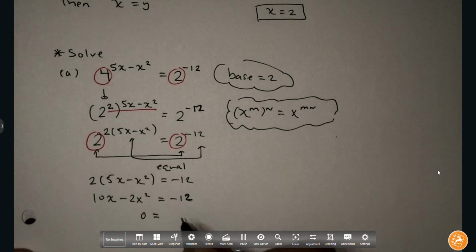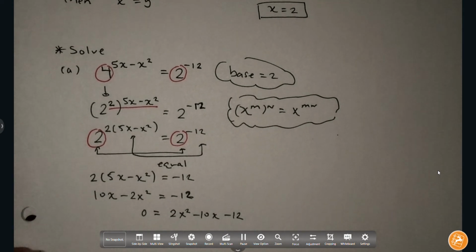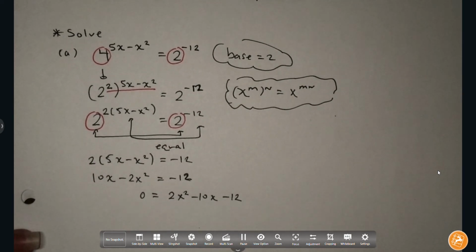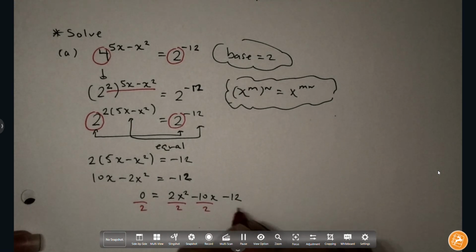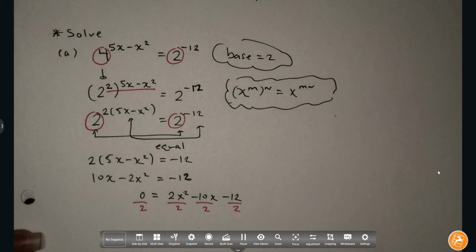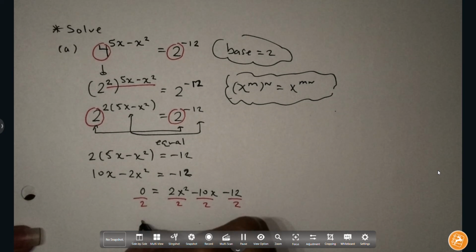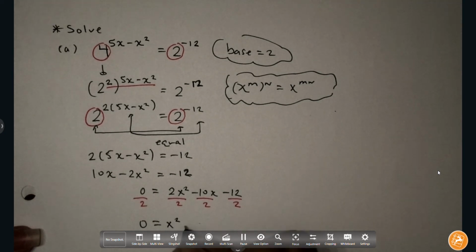We move the 2x squared and the 10x, and that gives us 2x squared minus 10x minus 12. We can either factor out a 2, or we can tone down the numbers by dividing both sides by 2, which we're allowed to do thanks to the division property of equality. That gives us 0 equals x squared minus 5x minus 6.